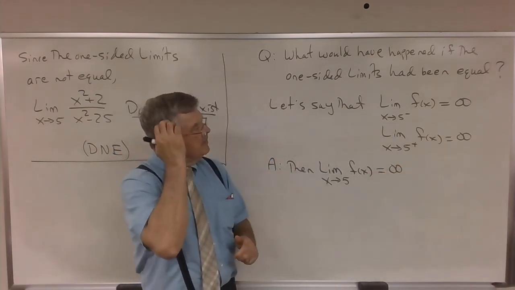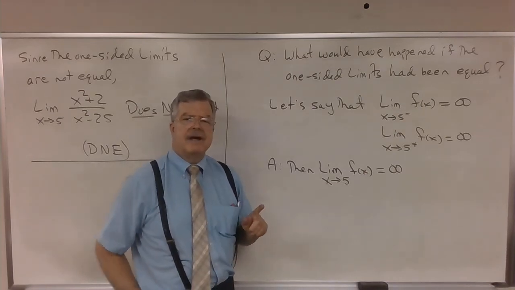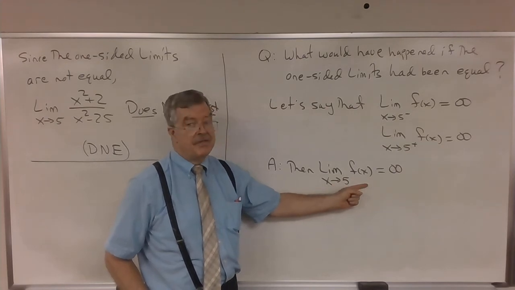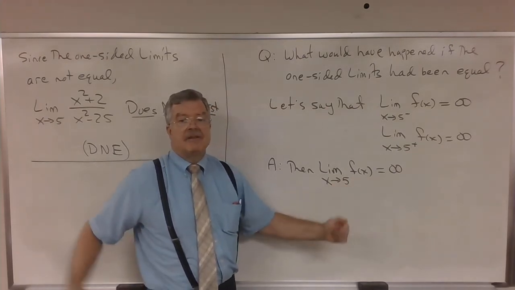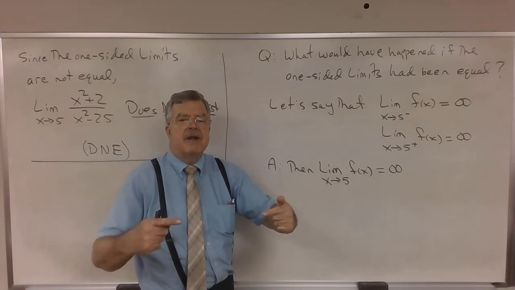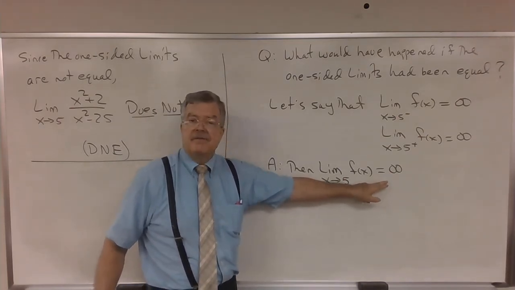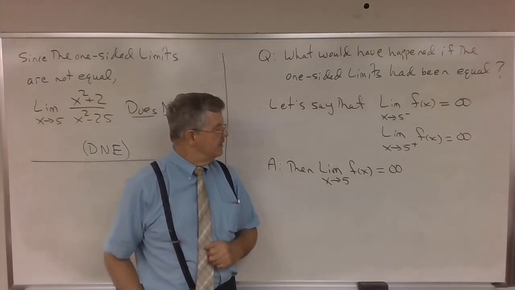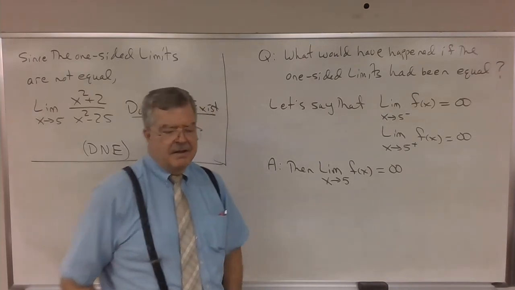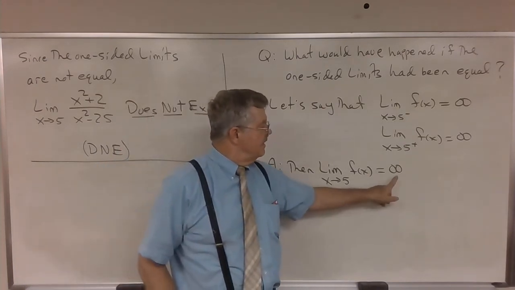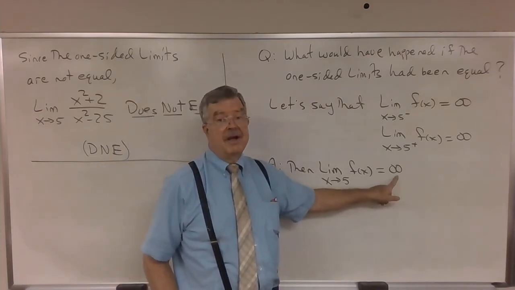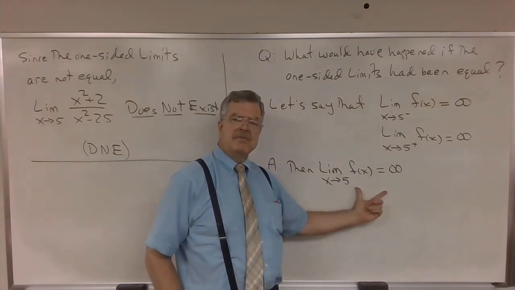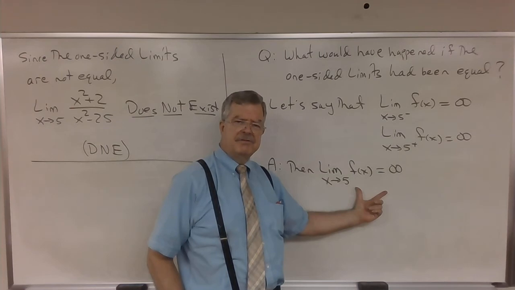If both of the one-sided limits had been positive infinity, then, quote, the limit, end quote, as x approaches 5 from either direction, would have been infinity also. And by the way, since infinity is not really a point on the real number line, how do we really interpret this statement?